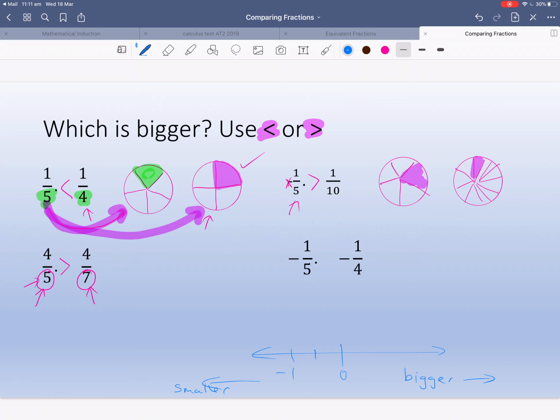If this is -1/2, -1/4 will be here. Now, what about -1/5? Negative a fifth will be here, even smaller. In this case, it's actually the bigger number because it's closer to this side. So that's the bigger number.